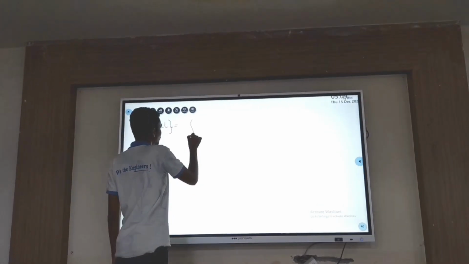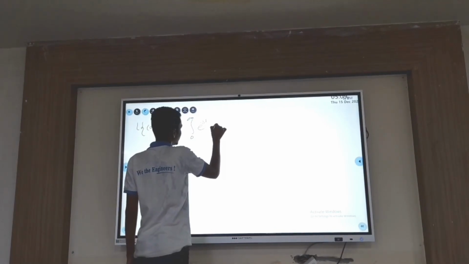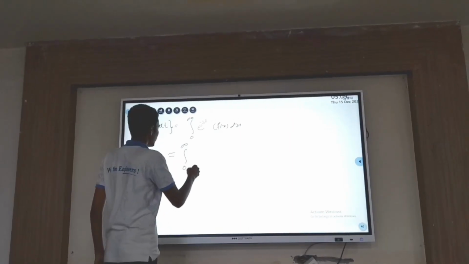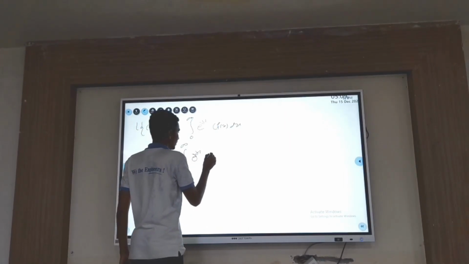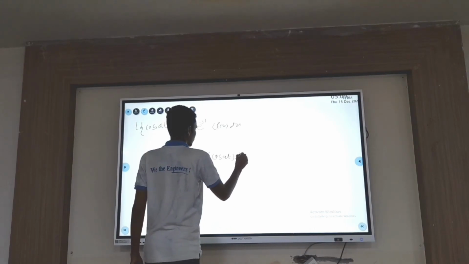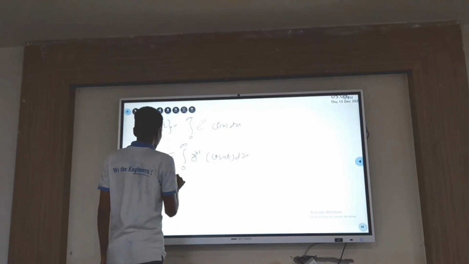Now the property is applied to 0 to infinity e raised to minus st into f of t dt. So e raised to minus st into f of t, which is e raised to minus at cos bt dt. So here e raised to minus at gives a Laplace transform.